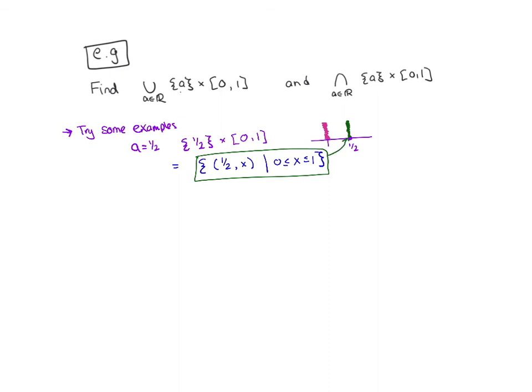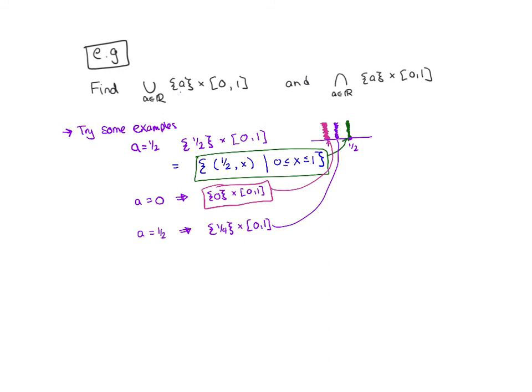But then if I did something like A equals 0, then I'm going to get {0} cross the interval from 0 to 1. So that's going to be this line here, that set. I could have A equals a quarter, and I'm going to get {1/4} cross [0, 1]. So that'll be somewhere here.